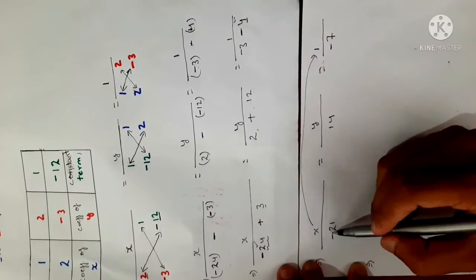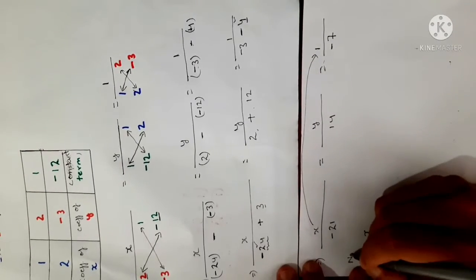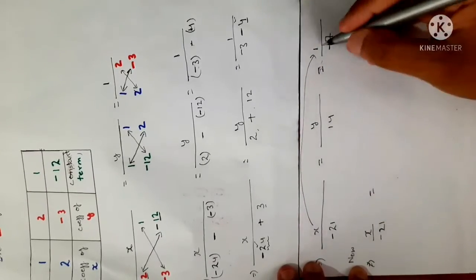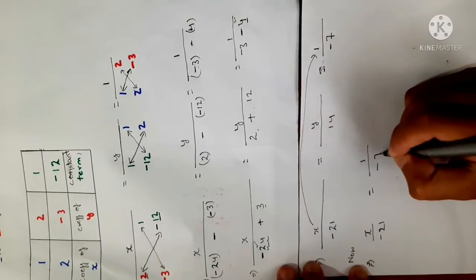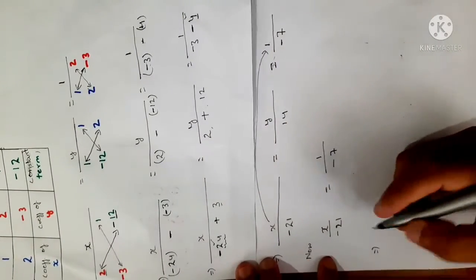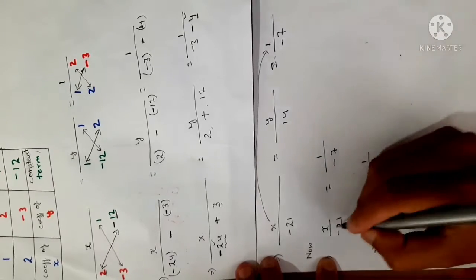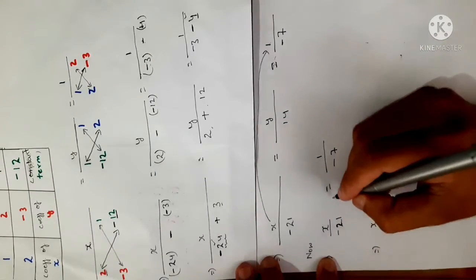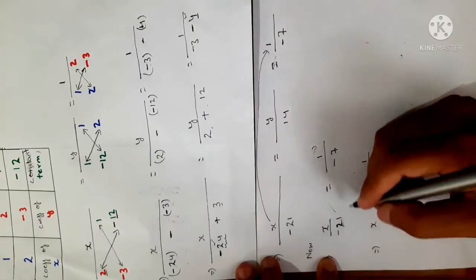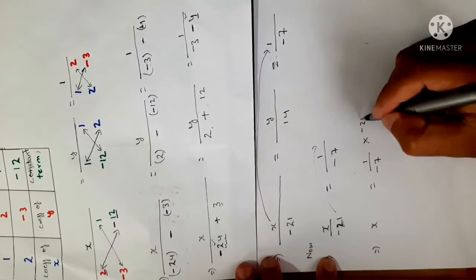So take x by minus 21 equal 1 by minus 7. Implies x equals 1 by minus 7. Then we carry this minus 21 to the other side. This is the denominator, so when you carry it to the other side, it becomes multiply minus 21.